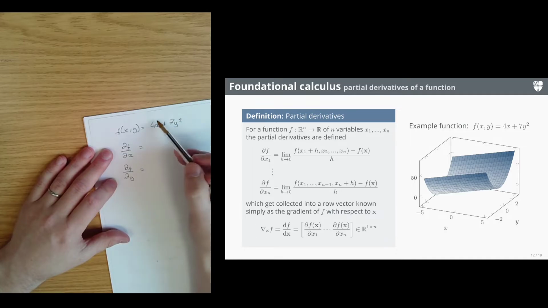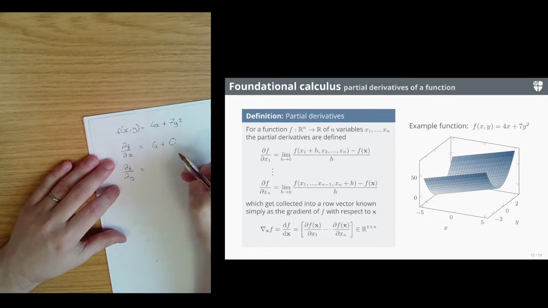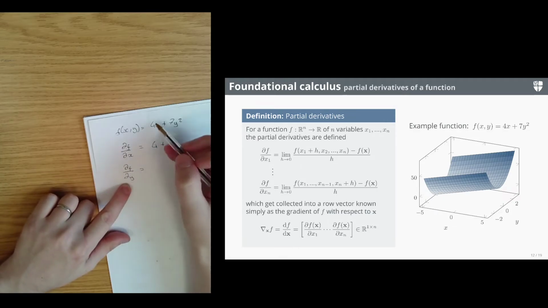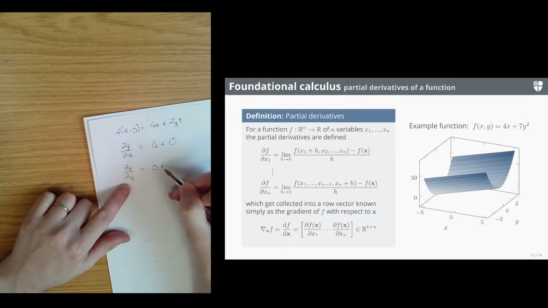So let's differentiate this side here, keeping the other variables which are present. Here the derivative of 4x is just 4, and then it's plus 0 because there's no x in here. Similarly here, there's no y in this term, so that's going to be 0, and then we differentiate this, which is 14y.